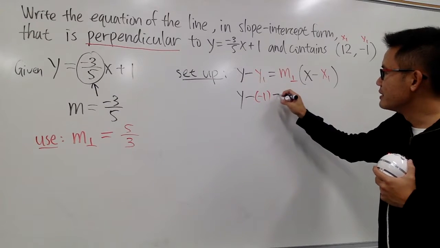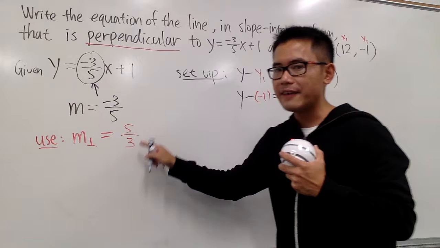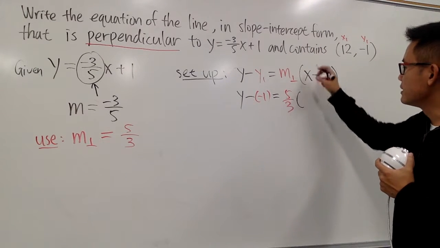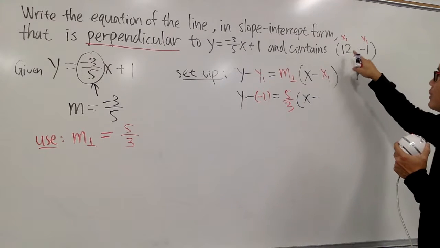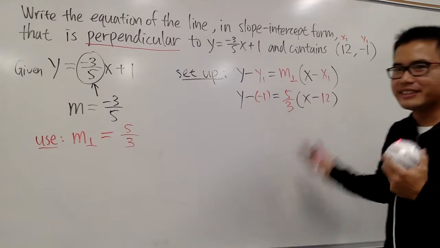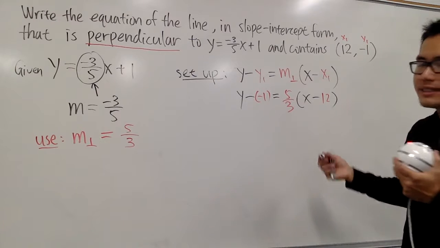And then we have this equal to the perpendicular slope, which is positive 5 over 3. So write this down right here. And then parentheses, and then the x, and then the minus. x1 is what? It's given to be 12, right? So just put down 12 right here. Aha, that's the setup.